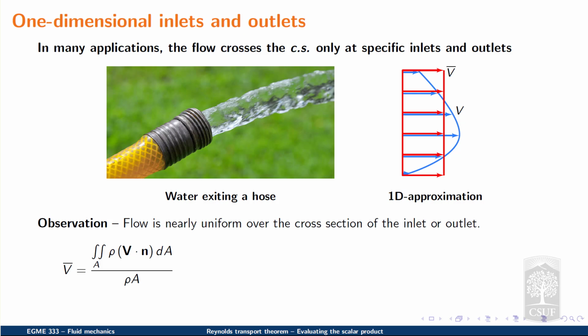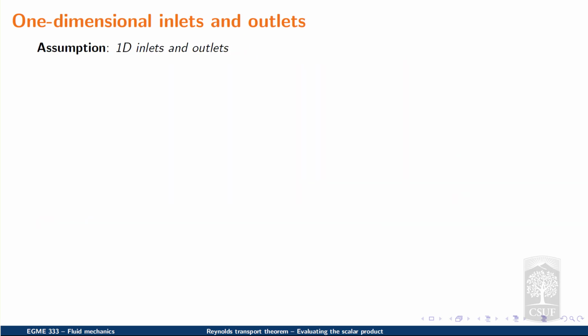To do that, we would essentially consider the mass flow rate m dot divided by the density of the fluid times its cross-sectional area.